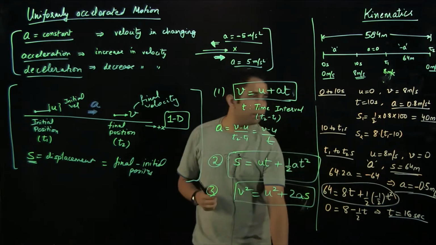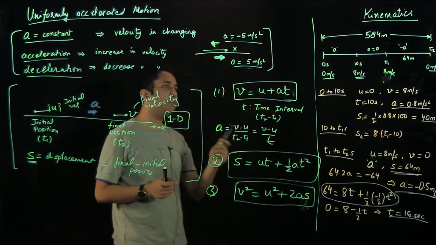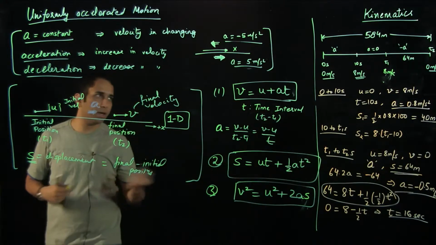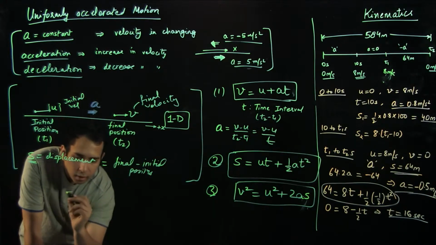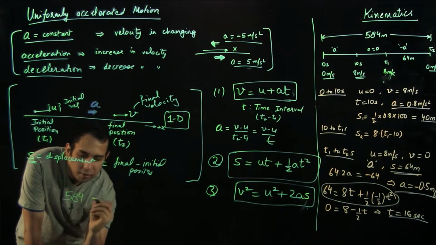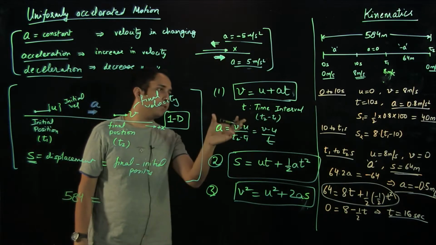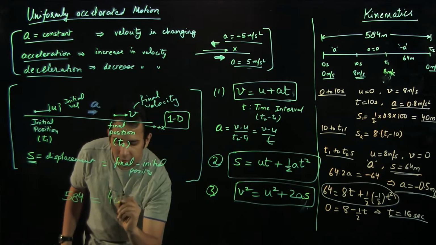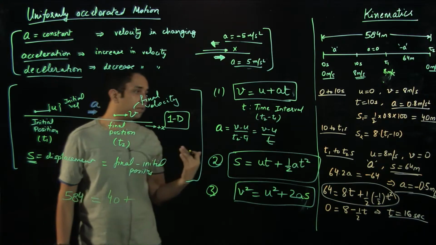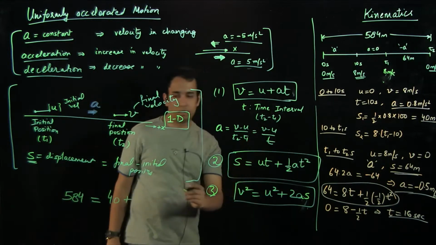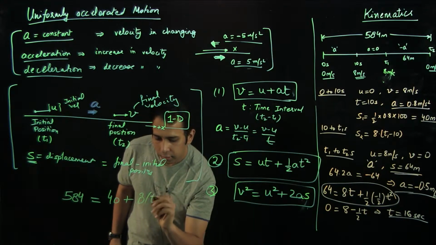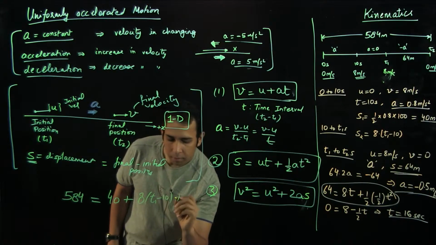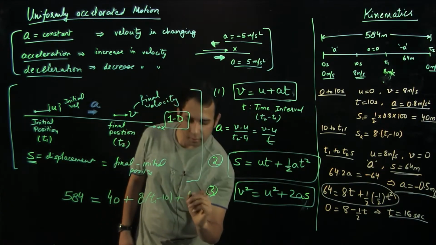So let us take the sum of displacements in all three time intervals and equate it to 584 meters. So the net displacement 584 is equal to the displacement in the first, which is 40, plus the displacement in the second, which is 8 into t1 minus 10, plus the displacement in the third time interval.